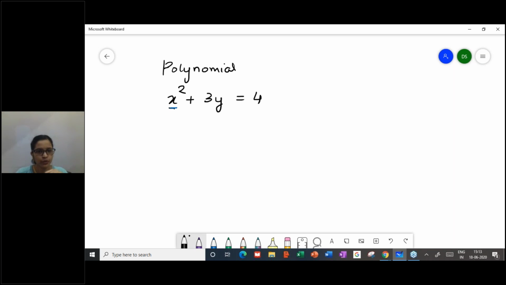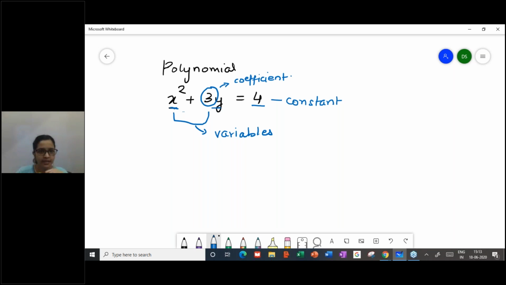This and this term are the variables. In case anybody gets confused, please write this down. This is the constant. This number here is known as the coefficient. In this case it will be the coefficient of y. And this number which you see here is the power.